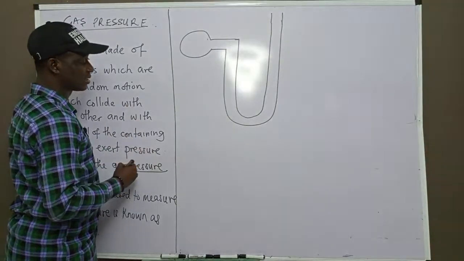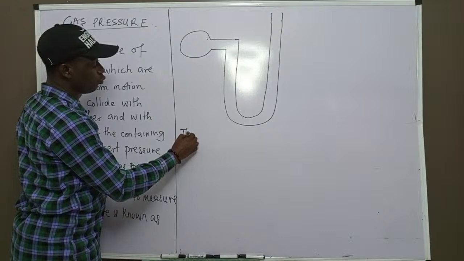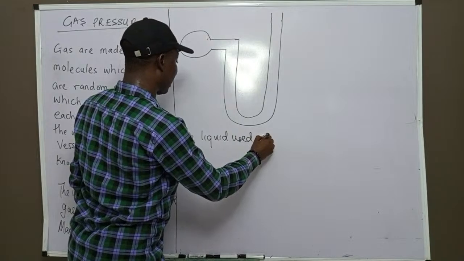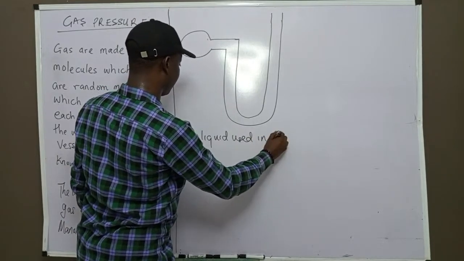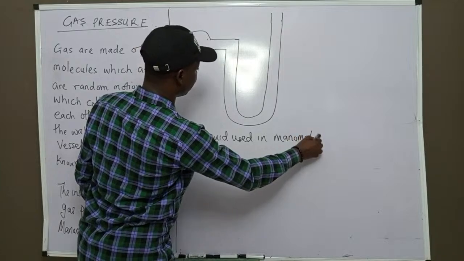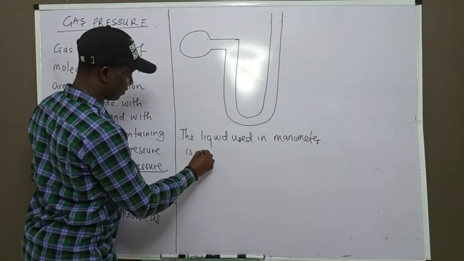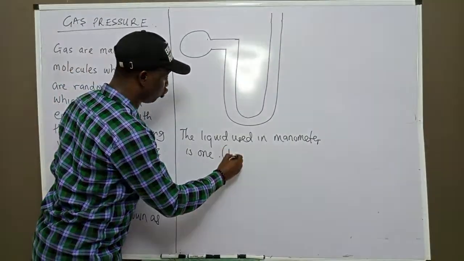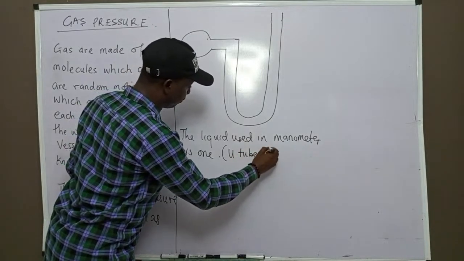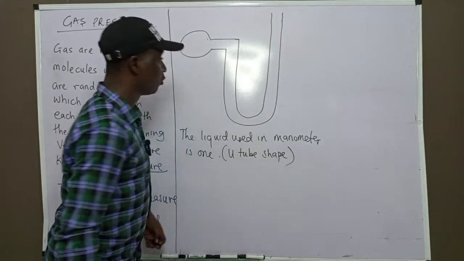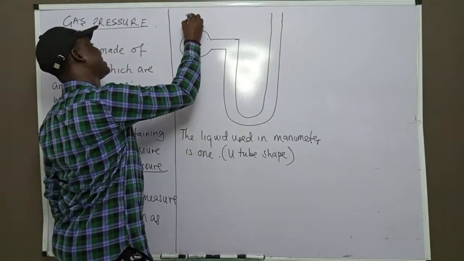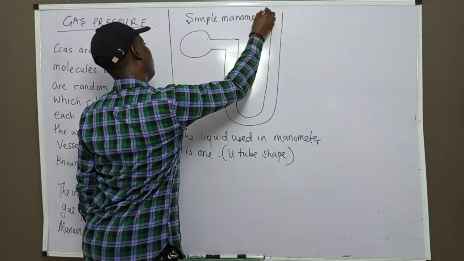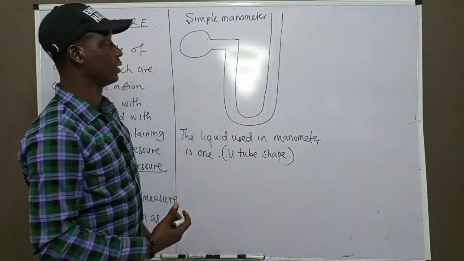The liquid used in the manometer is one. Please take note of that. The U-tube shaped instrument is what we call a manometer. This is the simplest kind of manometer you can have, because we can have a complex one indeed.